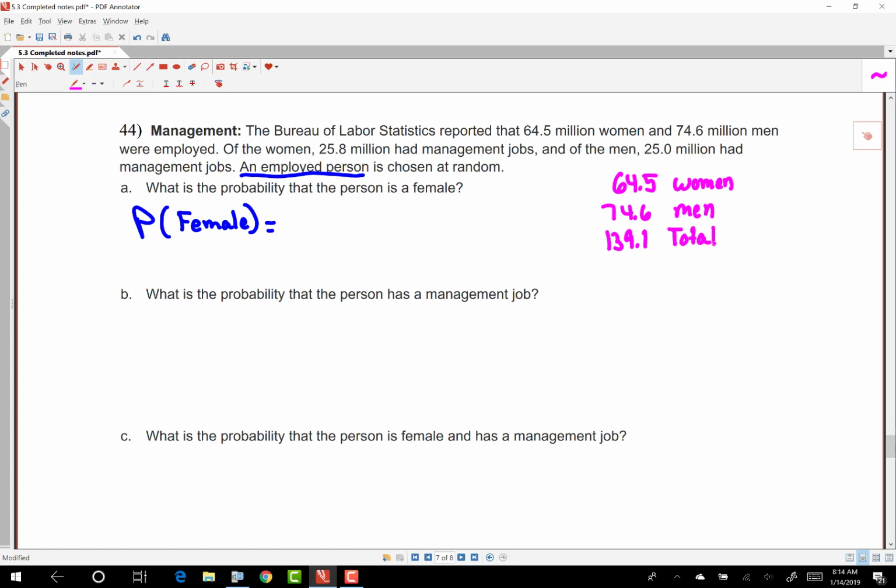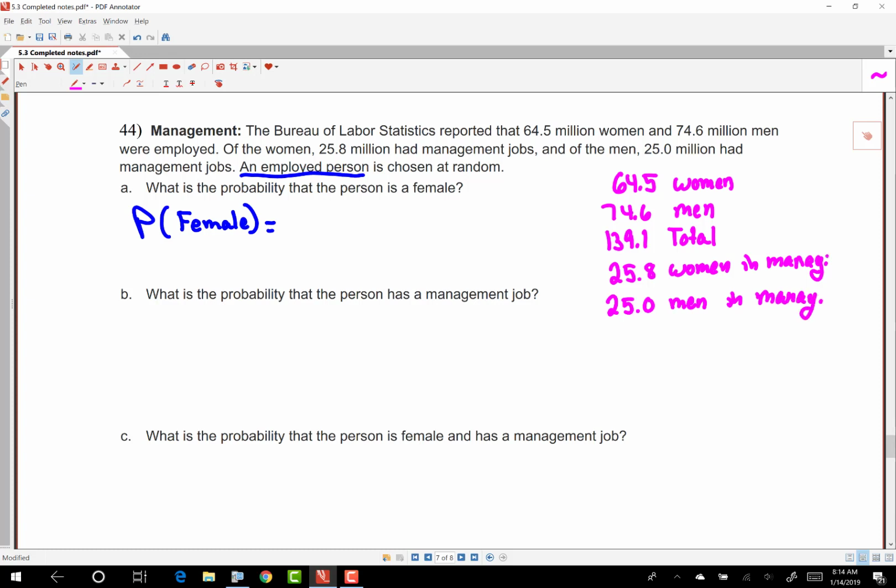And then we know that 25.8 women are in management, and 25.0 men are in management.